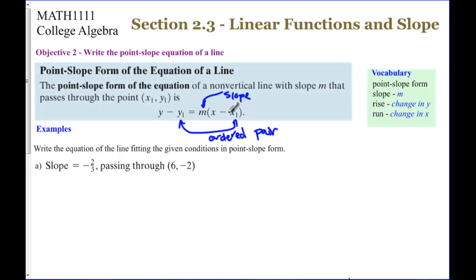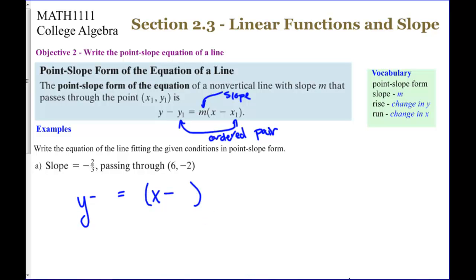So if I want to use the point slope form for something that has a slope of -2/3 and goes through the point 6, -2, I'm going to start off with everything that I know is already there. So at this point, then I can fill in. And I've made sure I didn't forget my negative signs.